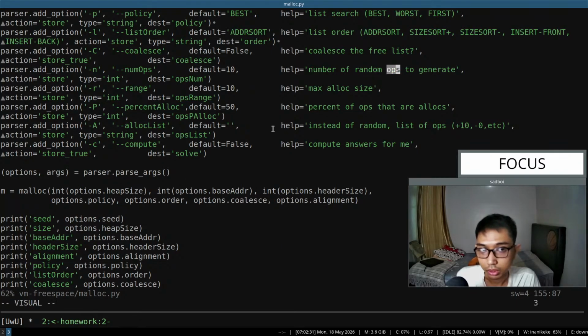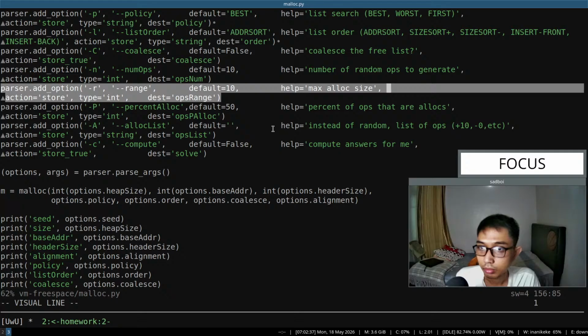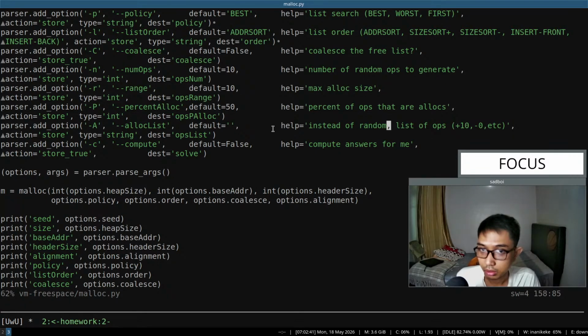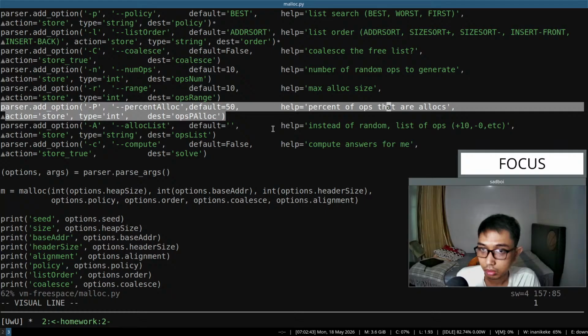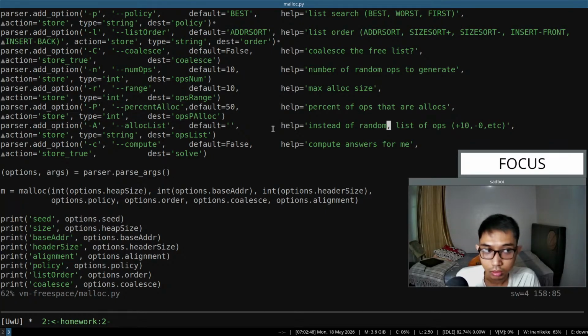What does ops mean in here? List of ops.